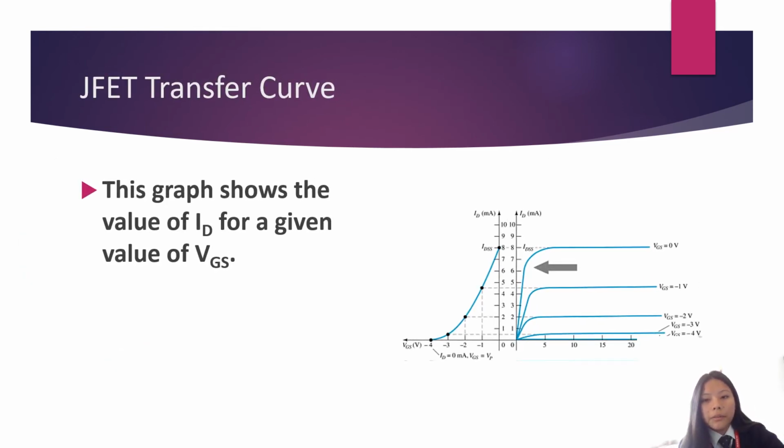This is the JFET transfer curve, and this graph shows the value of ID for the given VGS.